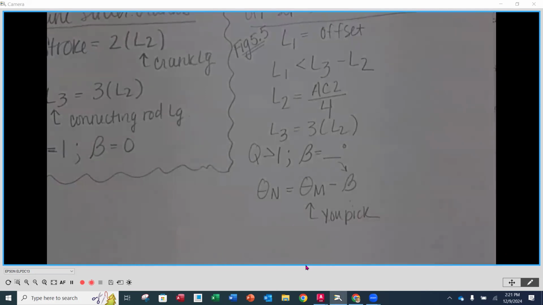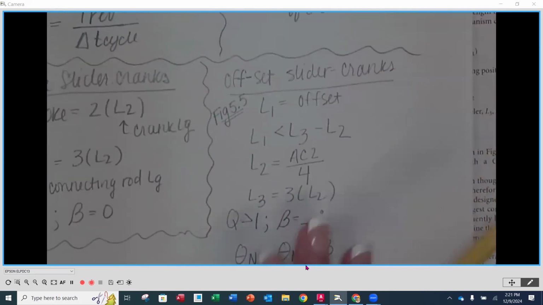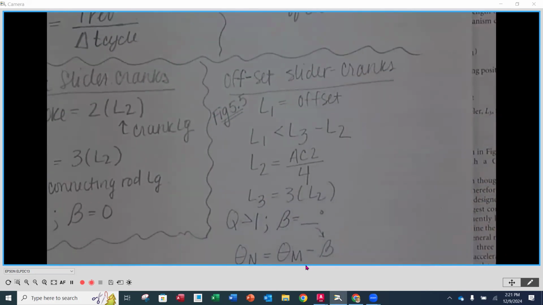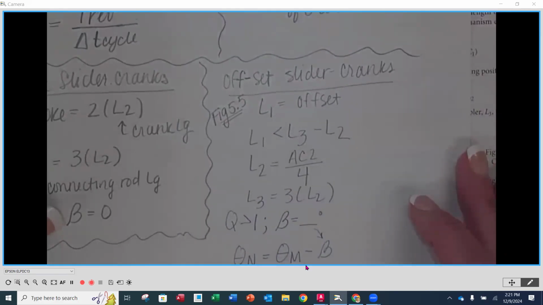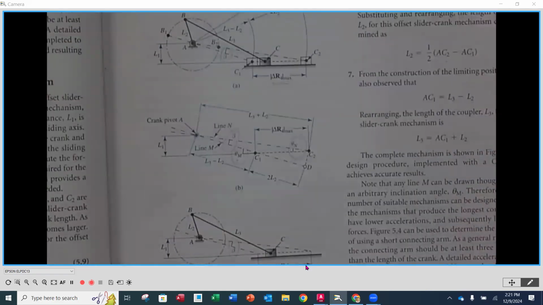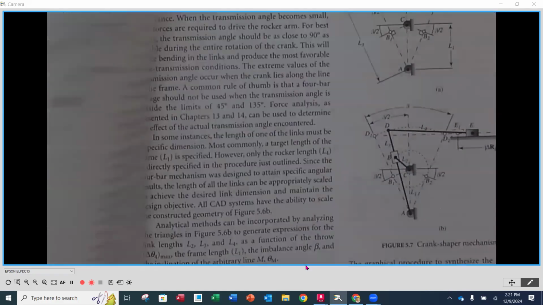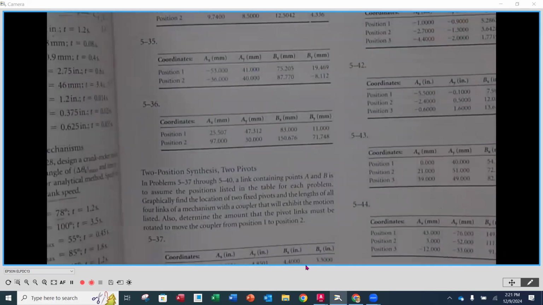So what we're going to do now is work with this set of conditions to design an offset slider crank mechanism. This is going to be our second problem for our practice problems, problem 515 at the end of the chapter.